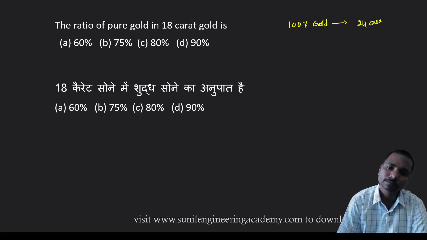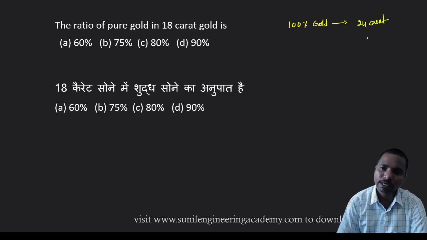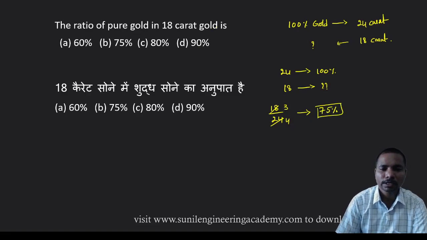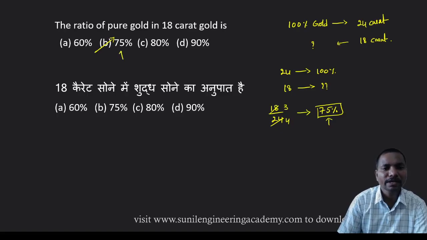If they are asking 18 karat gold, how much percentage of gold is in that? 24 is 100%, so for 18 we can say 18 by 24. 6 3s are 18, 6 4s are 24, that is 3 by 4, which is 75%. So in 18 karat gold we have 75% gold.